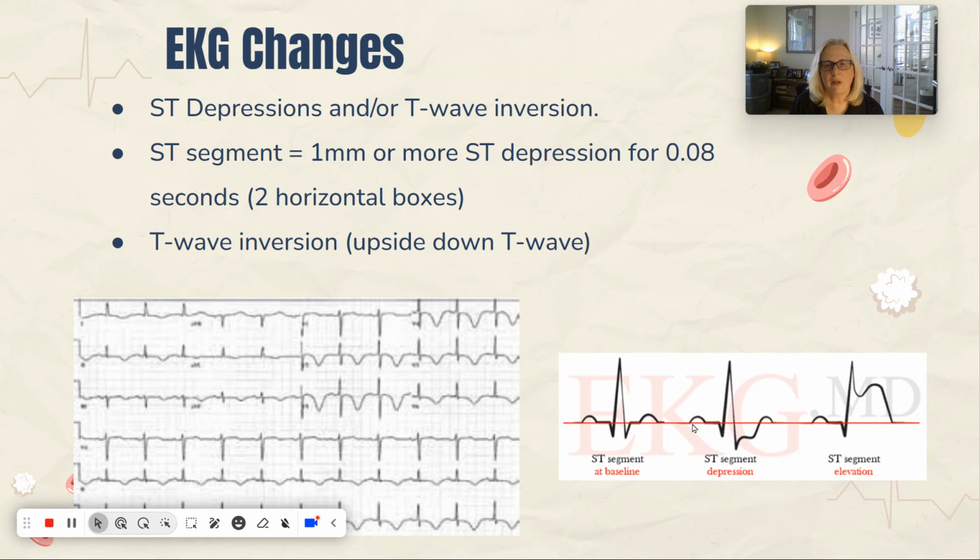So everything starts off really good, and then all of a sudden the J point, right at the beginning of the ST segment, does not quite make it up to the isoelectric line. It's down below. It's depressed. And then it may go on for a little bit. It may go flat, it may go down, and it may go over and up into the T wave. So this is an ST segment that is depressed. That means it's below the isoelectric line.